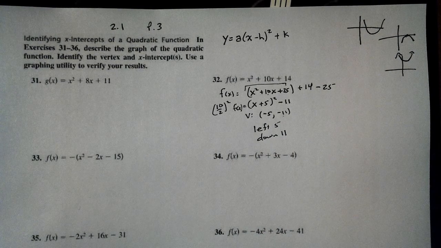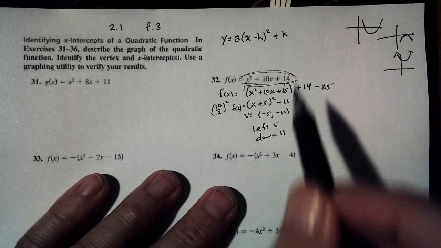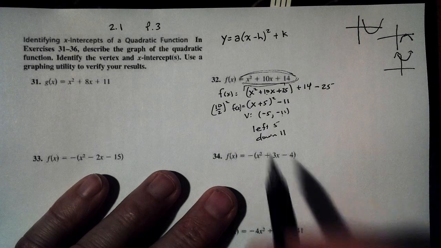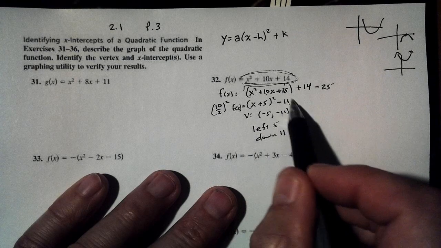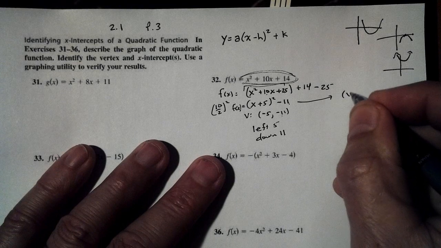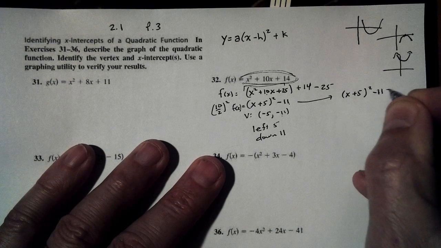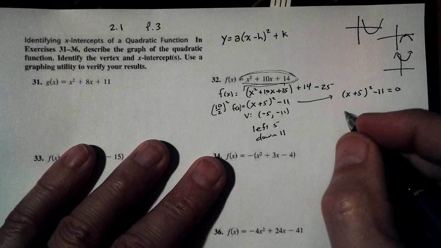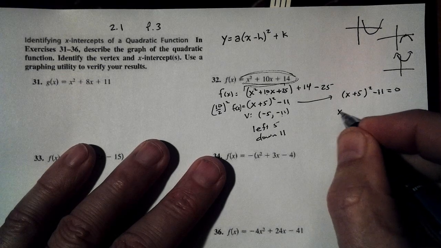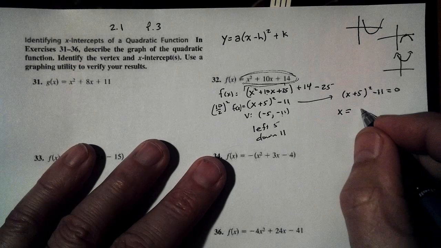Now we have to find the x-intercepts, and to find the x-intercepts we could go quadratic formula, but if I've got it in this form, rather than quadratic formula, I think I would do this. X plus 5 squared minus 11 equals 0. Watch this. This is x equals, I need to add 11.